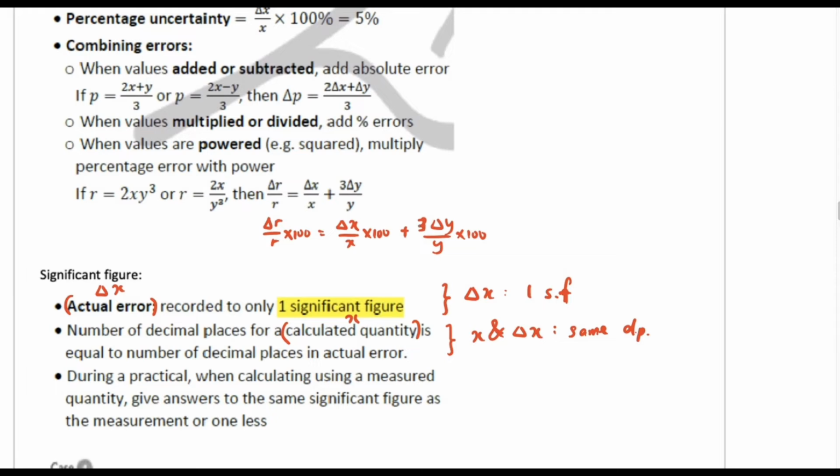So that is where we are still applying the concept. We add up the percentage uncertainty when the quantities are multiplying or dividing. At the same time, we multiply with 3 because of the power 3. So let's see an example.